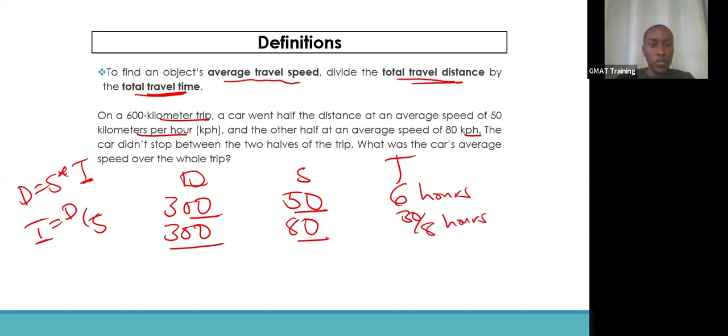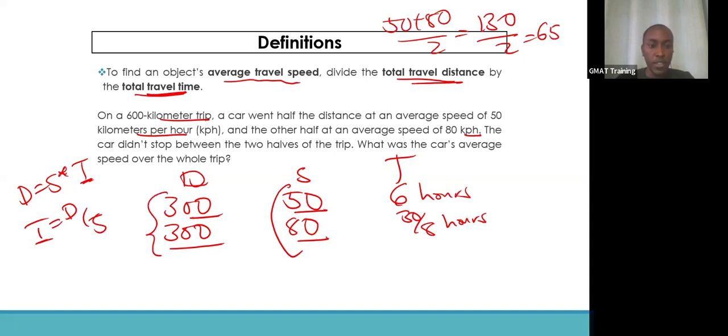Okay, so instead of doing the average speed of 50 and 80, that's 50 plus 80 divided by 2, so you can have 130 divided by 2 and get 65 kilometers per hour as the average speed. You do take the total distance, that's 600 kilometers, and the total time, this is 6 over 1 plus 30 over 8.